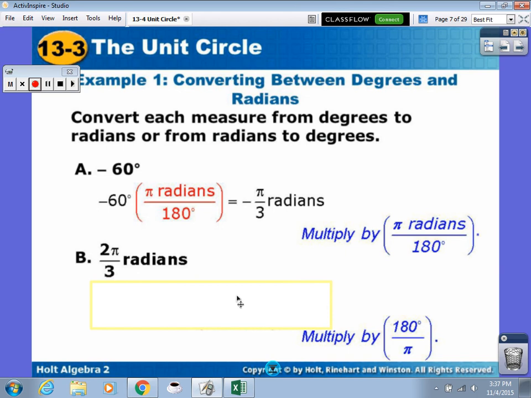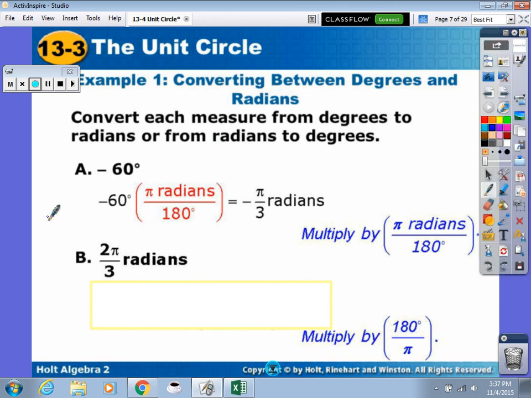If you think about dimensional analysis, and we set this up, you can see that we have formed this grid, if you will, where our degrees are going to cancel out right here. And in this section on this side, we have our conversion that we're going to use. So when the degrees cancel out, our remaining unit is the radians.